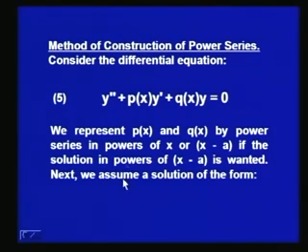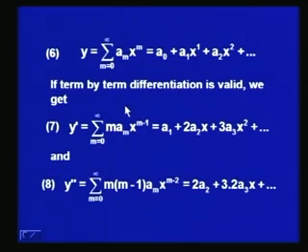Now, let us assume a solution of this differential equation of the form y equal to sigma m equal to 0 to infinity a_m x^m, that is a_0 plus a_1 x plus a_2 x square and so on.